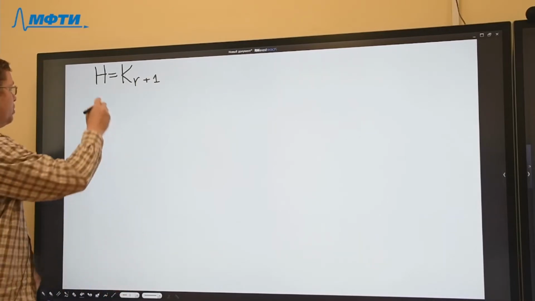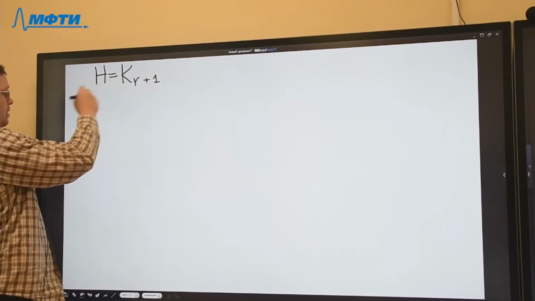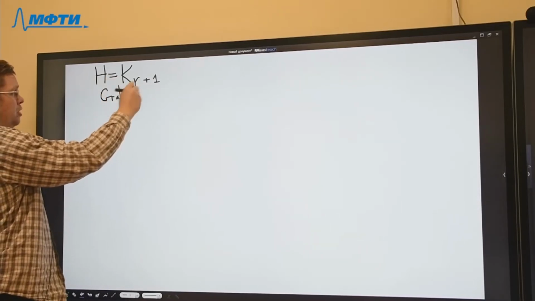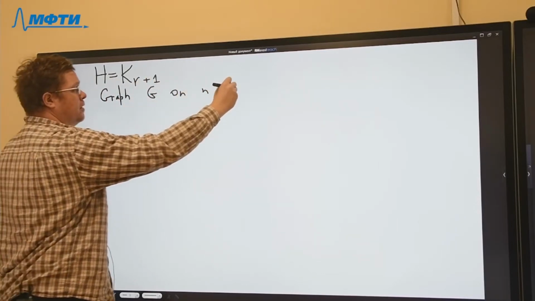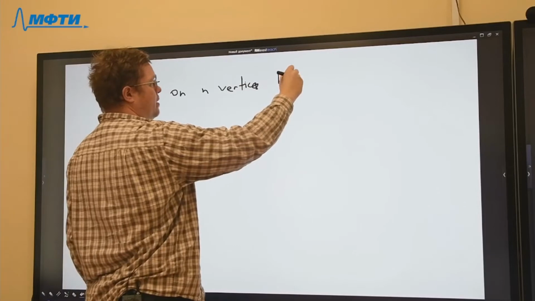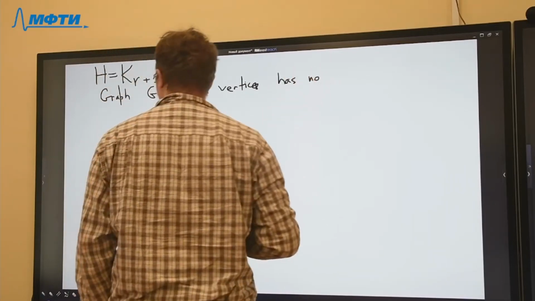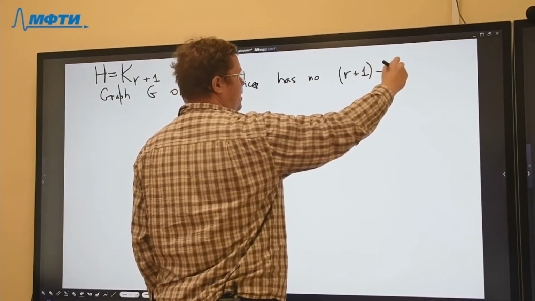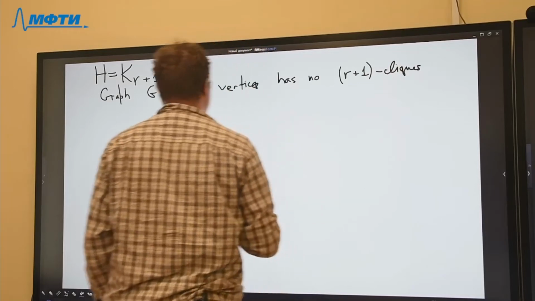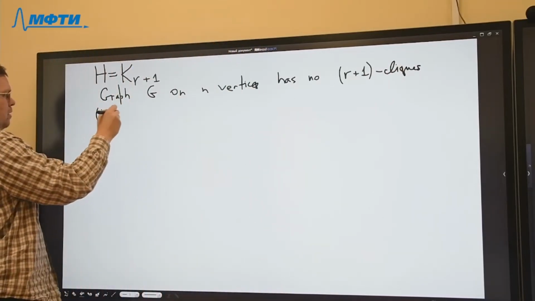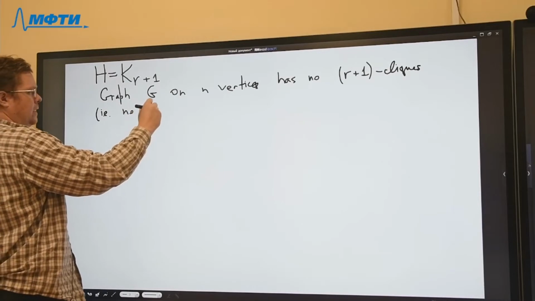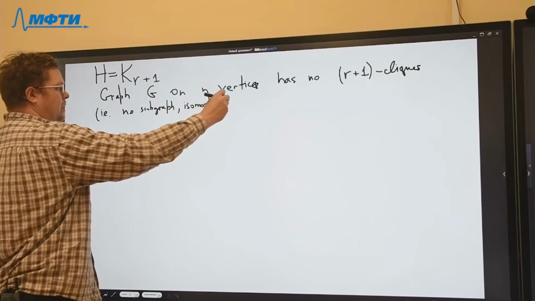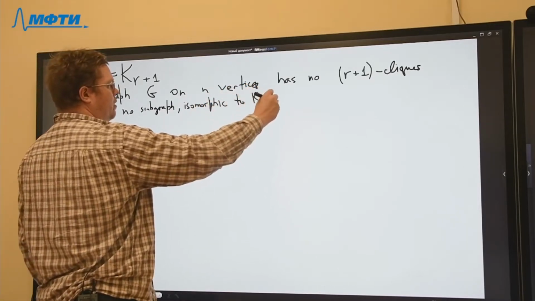So we want to again ask ourselves a question. Suppose the graph G on n vertices has no K_{r+1} cliques. So it has no subgraph isomorphic to K_{r+1}.